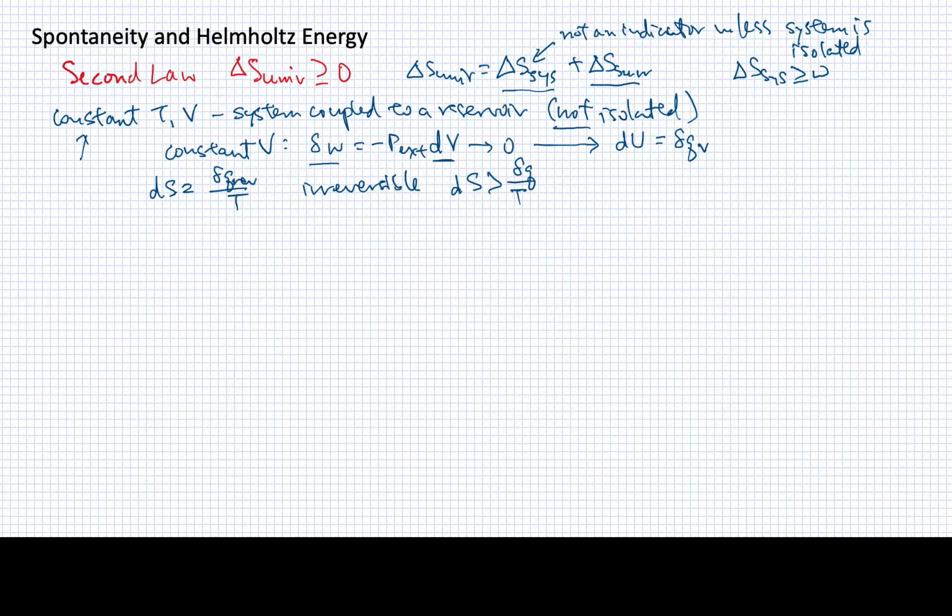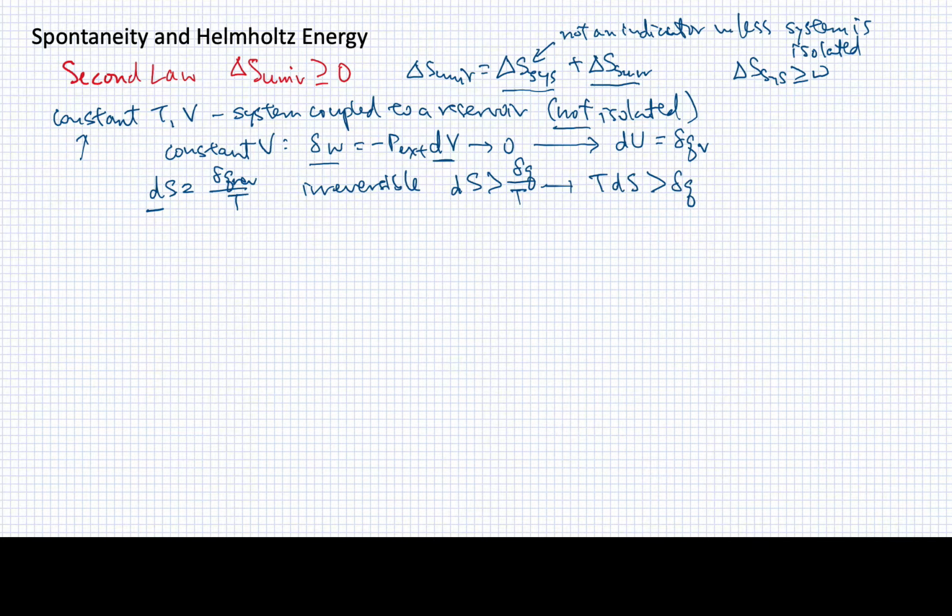So we now have something that we could substitute into our expression for the entropy that depends on the change in the internal energy. If I rearrange this equation, I get T dS is greater than the incremental change in heat.